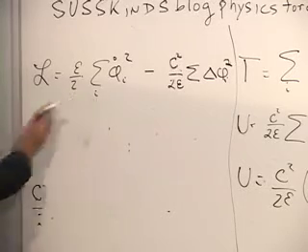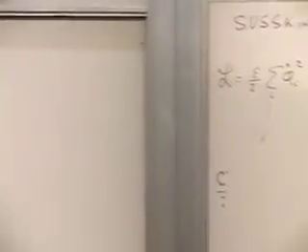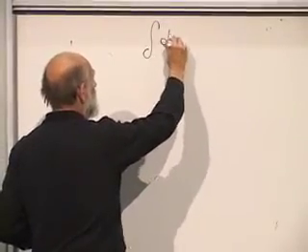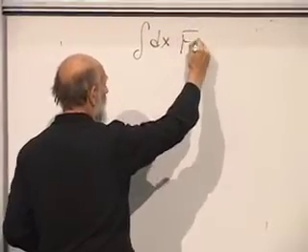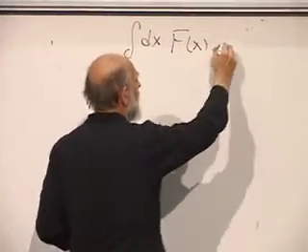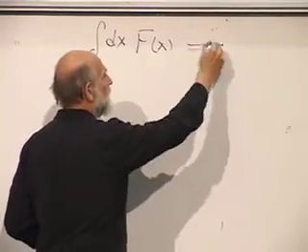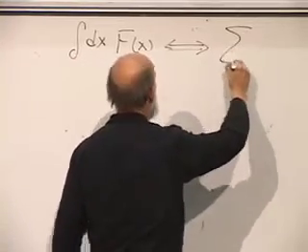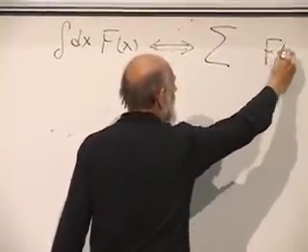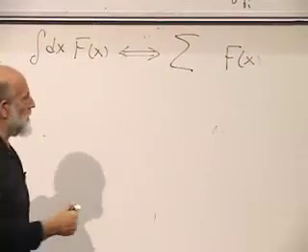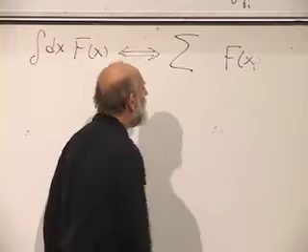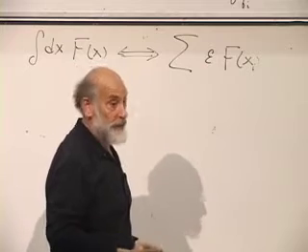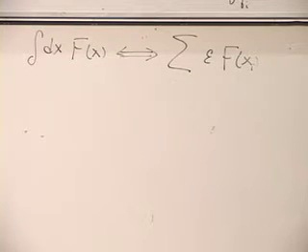Now, this sum, epsilon, let's remember the connection between integrals and sums. An integral dx of anything, let's say f of x, in the limit is equivalent to, let's just put a double arrow there, the sum of f of x over the discrete set of points, x sub i, and the dx becomes delta x, and in our case, delta x is epsilon.